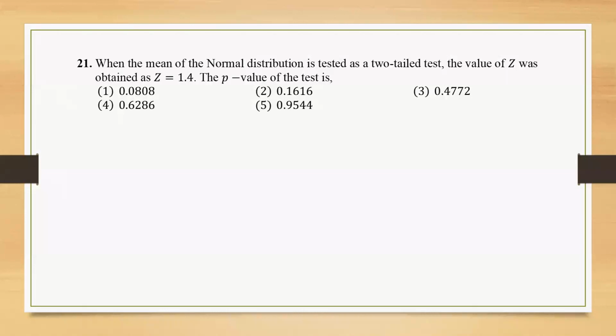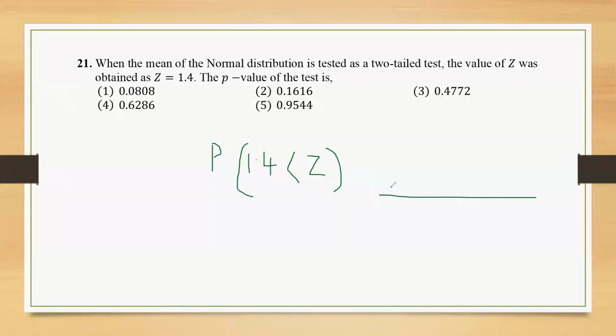They just give us the z value, that is 1.4. So we know that p value is the maximum probability of committing an error in rejecting our null hypothesis. So therefore we have to calculate the probability of z greater than 1.4. So we need to calculate this probability.